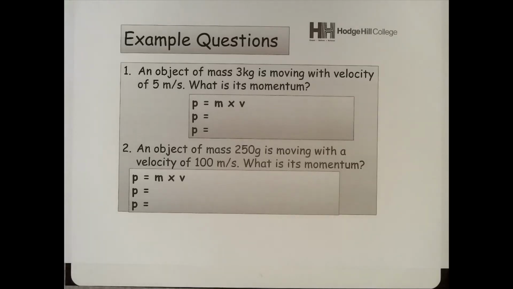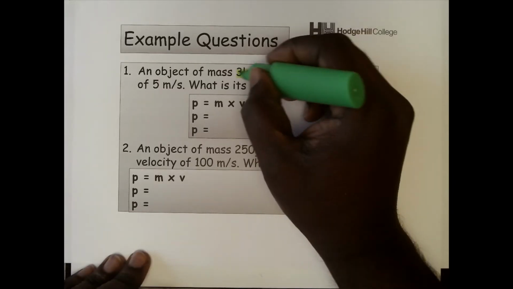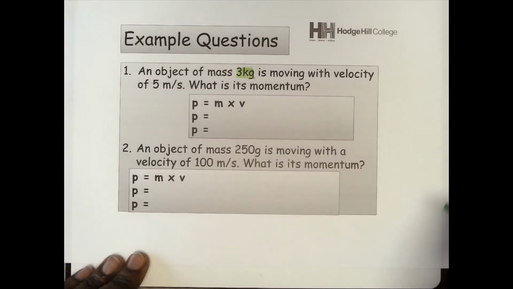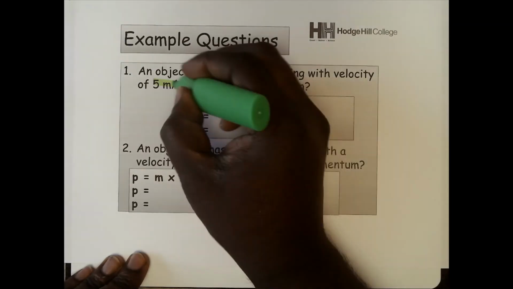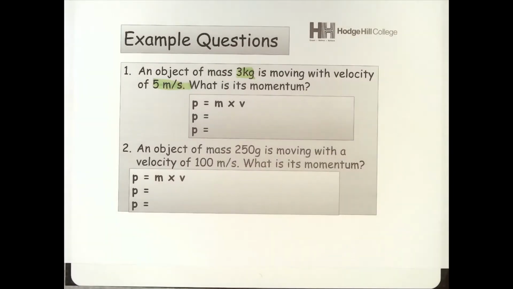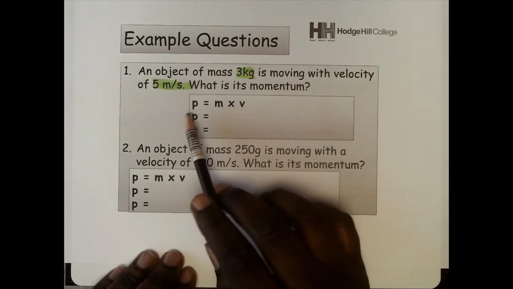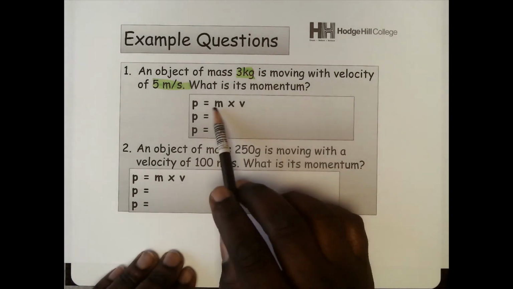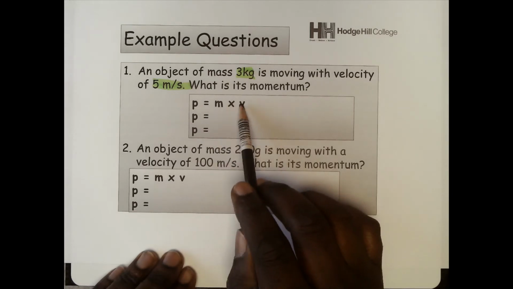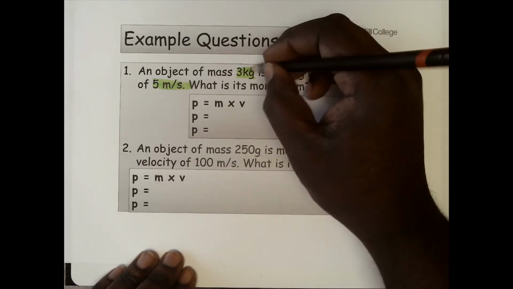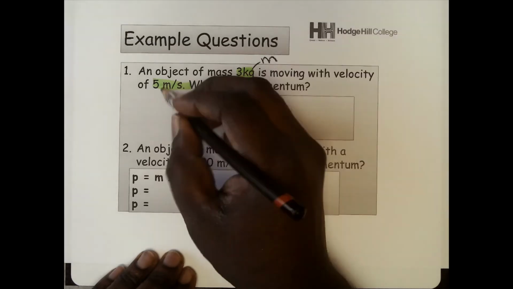Now let us look at an example. So here we have an object of mass 3 kilograms. It's moving with a velocity of 5 meters per second. What is the momentum? Now, because we already have the formula, the first thing is always to write the formula. So its momentum is equal to mass times velocity. We have identified the mass and we have identified the velocity.